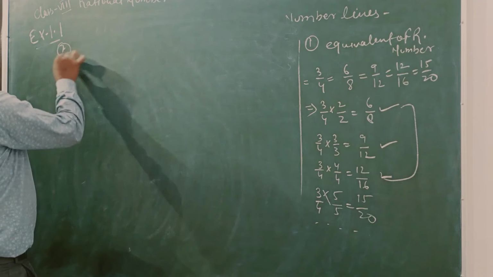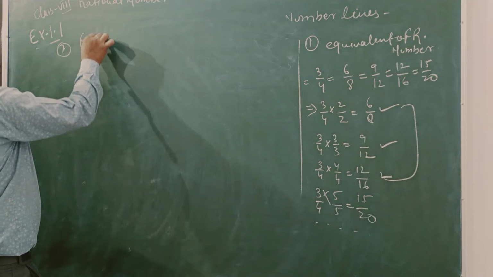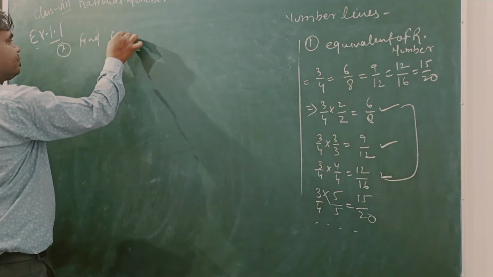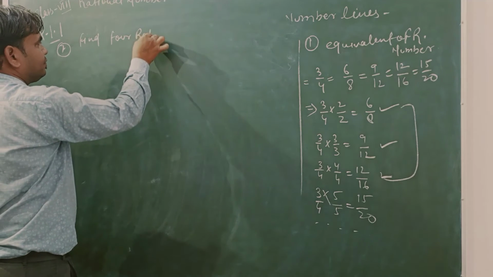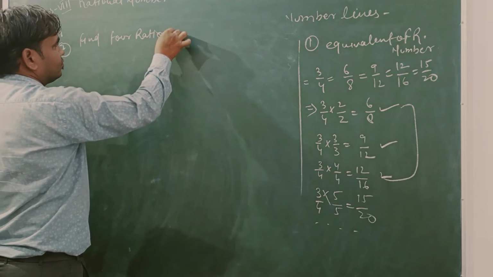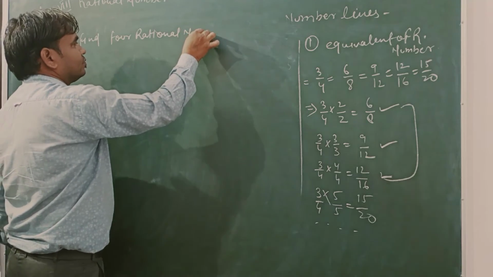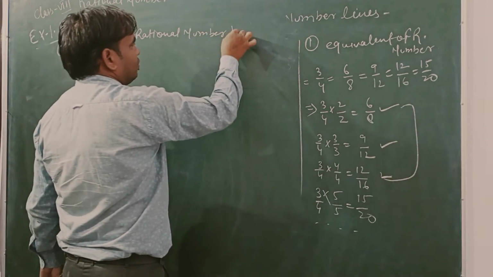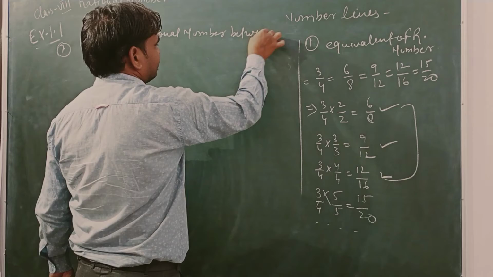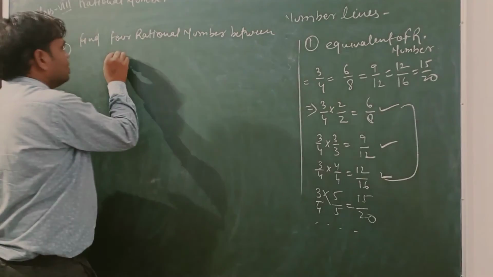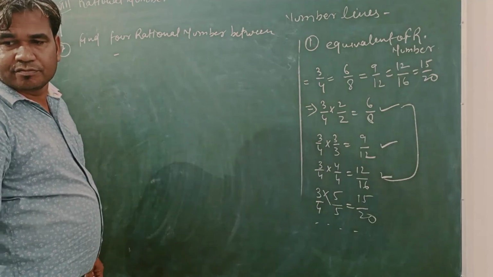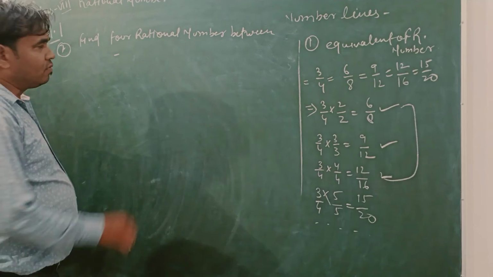Question number 7: find 4 rational numbers between minus 1 over 2 and 1 over 4.